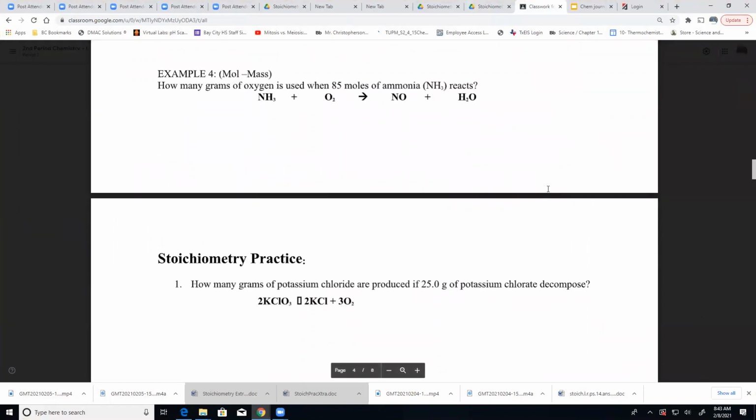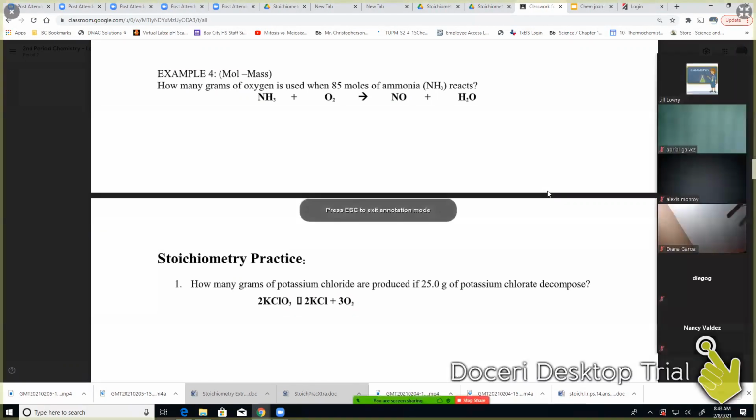All right, we'll look at example number 4. And this one does need to be balanced, and this was a big pain to balance. When you balance it, you need a 4, a 5, a 4, and a 6. So this one says how many grams of oxygen, so that's my unknown, is used when 85 moles of ammonia react.